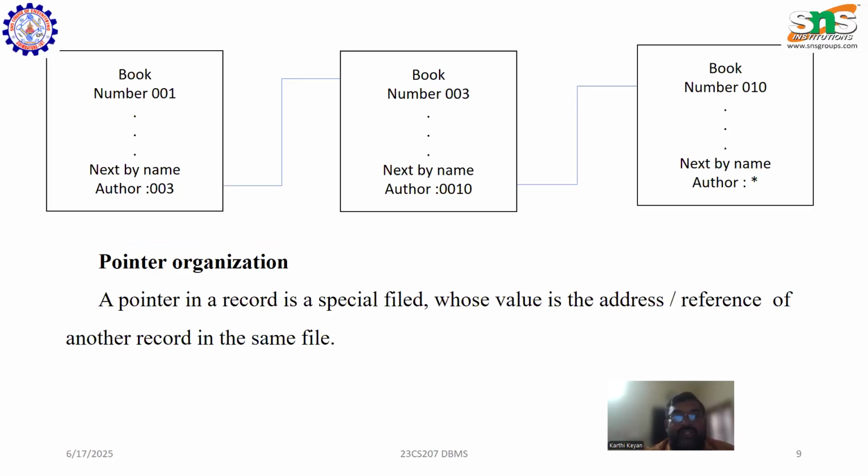So this is one of the examples, book number 001. Next, by name, author 003, you can store here. Here we have stored, and the 10 is stored here. These are pointers. We have to find out the pointers. So if I am going to enter the library, and a particular author is William Stallings, I enter William into the search box.